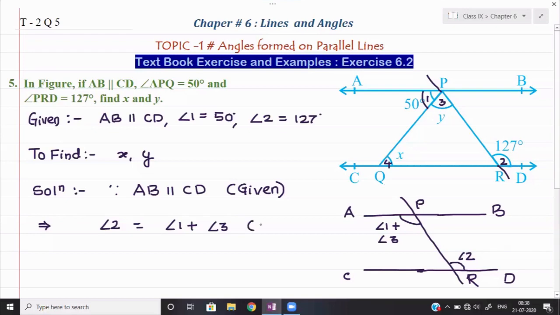The reason can be provided here: alternate angles. Now observe angle 2, we have been given here 127 degree. Angle 1 is given here 50 degree and angle 3 is basically the value of y. You can see the values I kept here, that is with the help of the given.